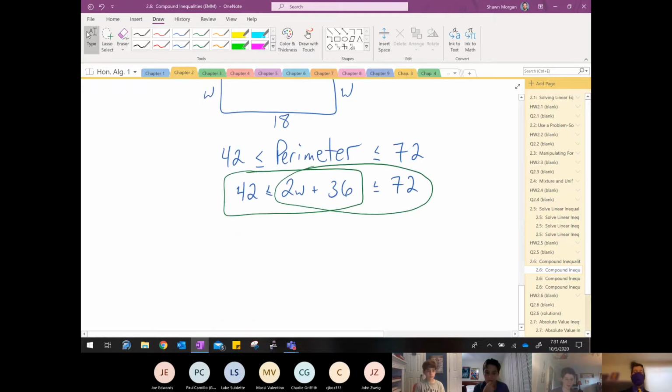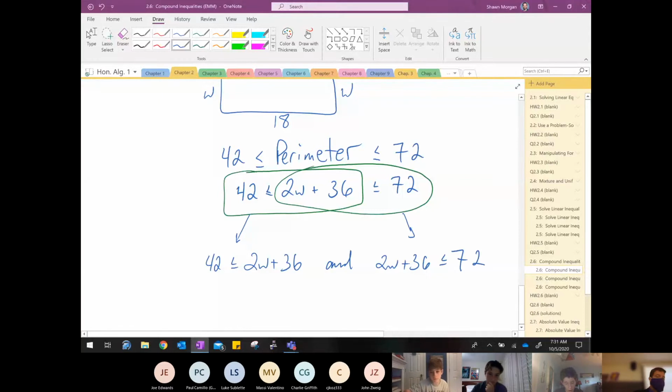And so what we can do with this is split it up. Watch how we split it up. You remember? We take the left one and we work it on its own. We take the right one and we work it on its own. So we've got 42 less than or equal to 2W plus 36, and we've got 2W plus 36 less than or equal to 72.